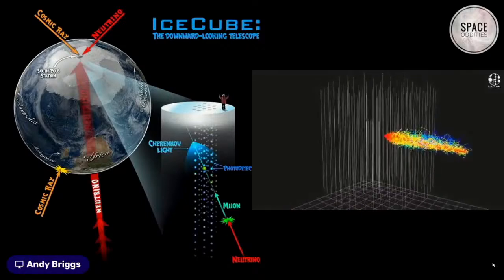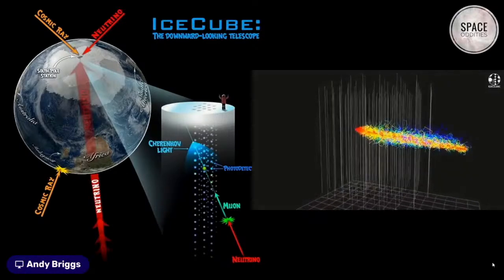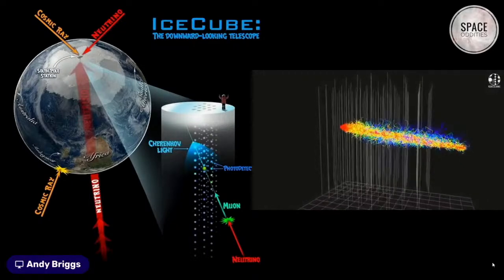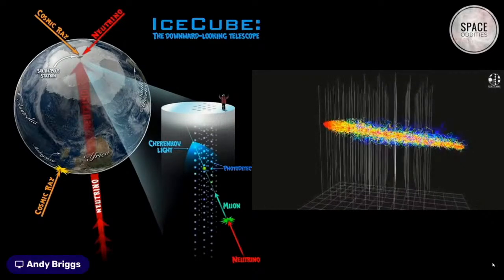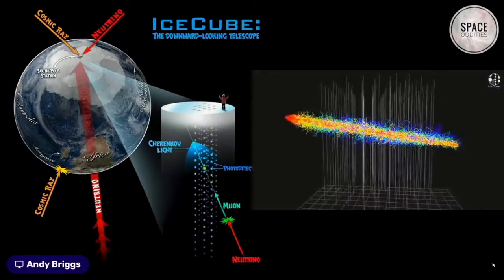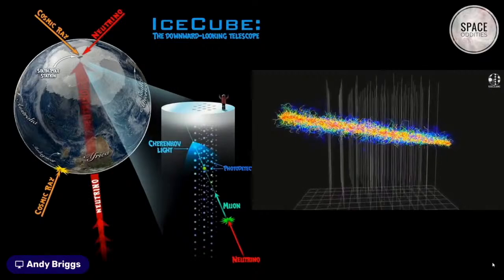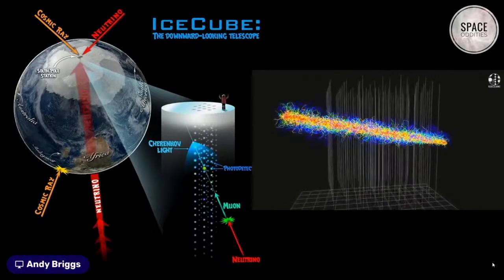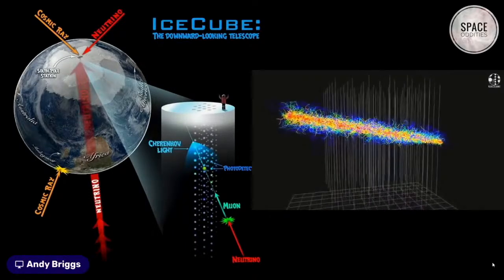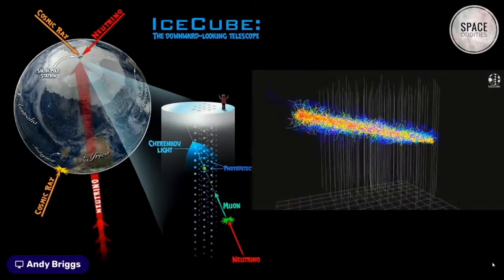This is actual data, which represents the Cherenkov radiation that's given off. This is the path of a muon, one of the shower that results when a cosmic ray decays in the upper atmosphere. And as you can see, they can work out exactly where it came from on the sky because of its path. So what is this all about, really?